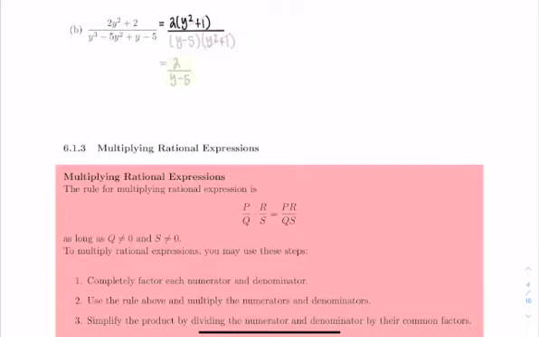And so this factors as y minus 5 times y squared plus 1. We have y squared plus 1 in common, and we end up with 2 over y minus 5.